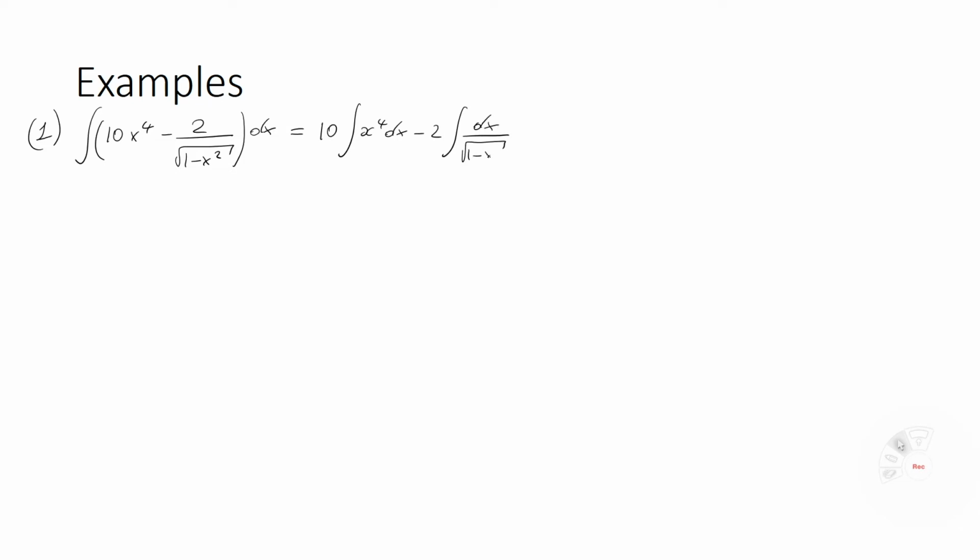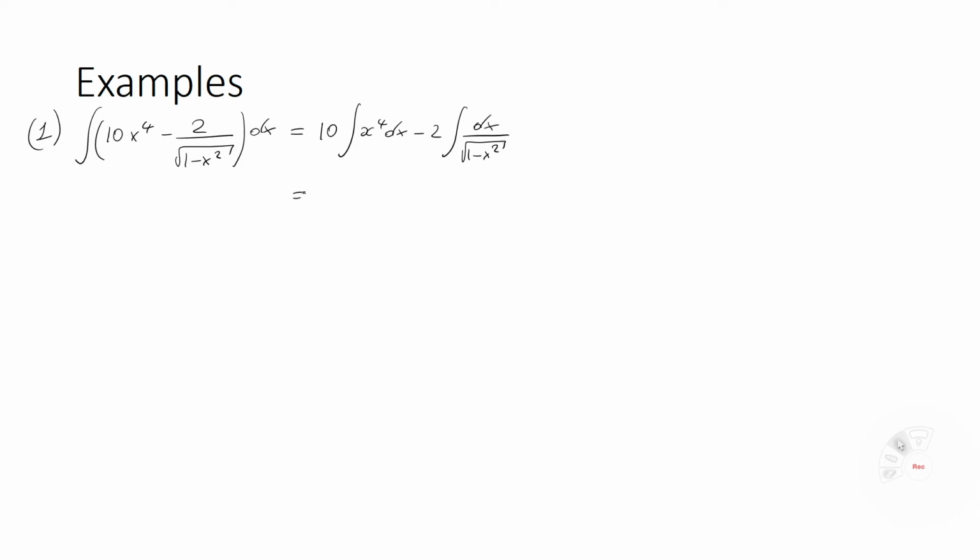So with that, let's look at a couple of examples. First, let's compute the indefinite integral of 10 times x to the power 4 minus 2 divided by the square root of 1 minus x squared dx. We can use our linearity here to write this as 10 times the integral of x to the power 4 dx minus 2 times the integral of dx over the square root of 1 minus x squared.